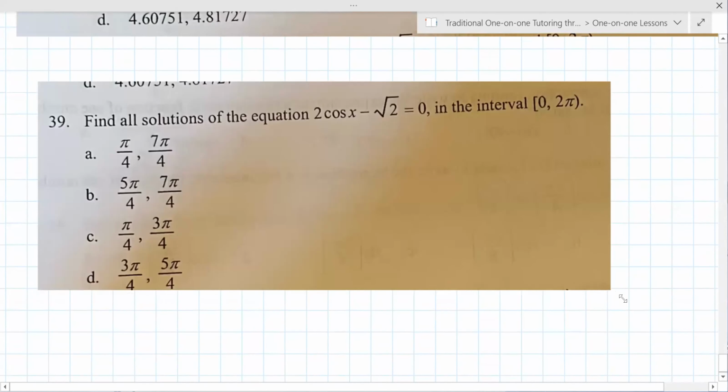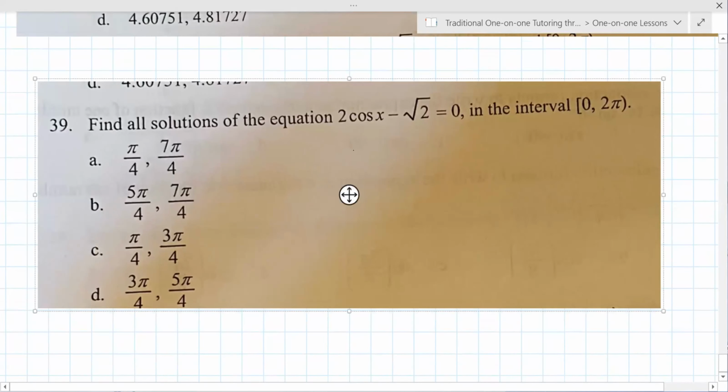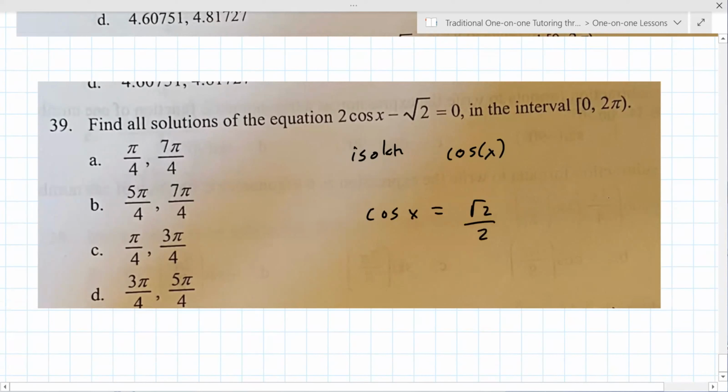So this equation, you want to isolate cosine x. So it becomes cosine x equals √2/2. And you're looking for all the places on the unit circle where cosine is square root 2/2. So it's there at pi/4, but it's also there at this point, which you get by going all the way around to 7 pi/4.